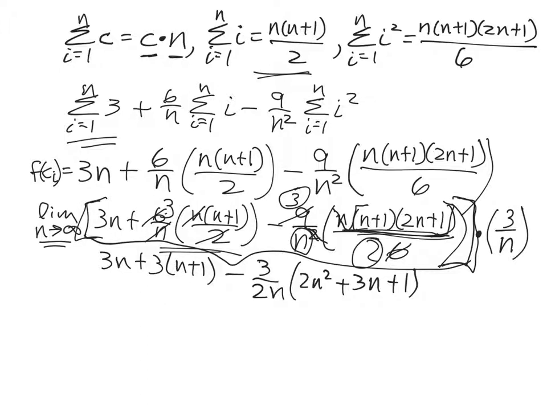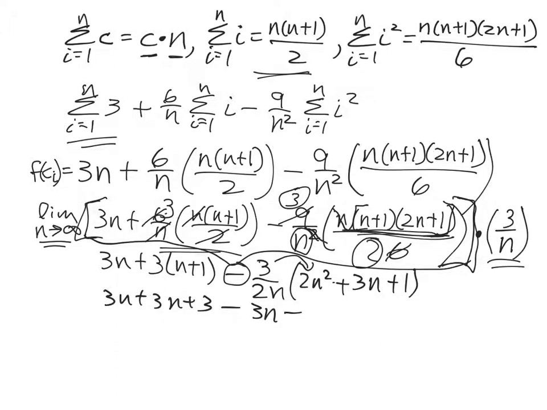We can simplify greatly still before we even multiply the 3 over n. So we'll have 3n plus 3n plus 3, and then minus, make sure we subtract every term here, 3 over 2n times 2n squared would leave us with minus 3n. 2's would cancel and one of the n's would cancel.